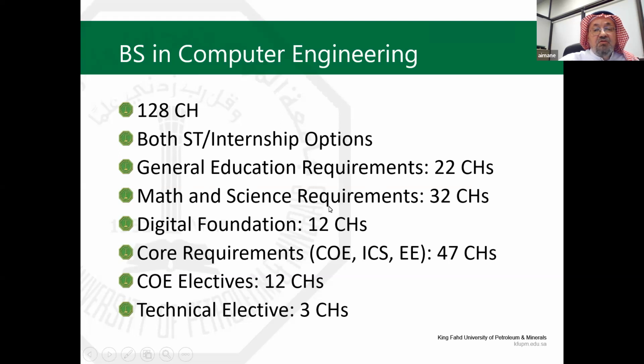We have math and science requirements, 32 credit hours about basically physics, chemistry, and math courses. And then the digital foundation, which is 12 credit hours, including Python, data science, and artificial intelligence, and the business entrepreneurship course that all programs take.